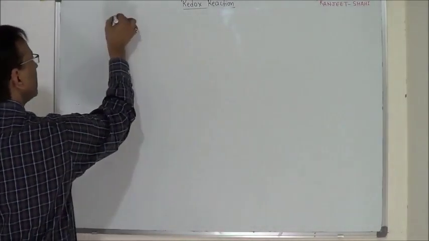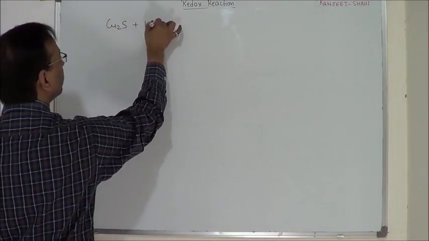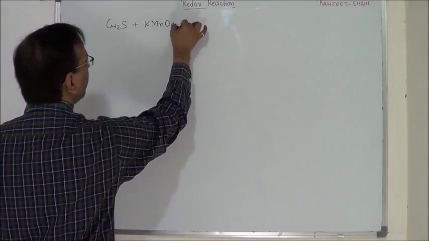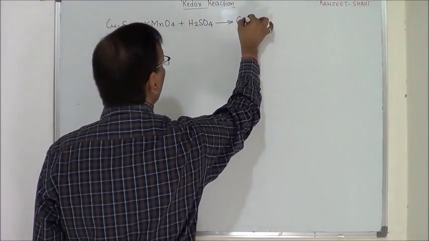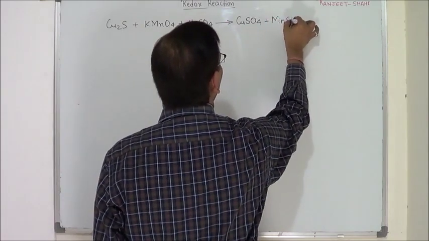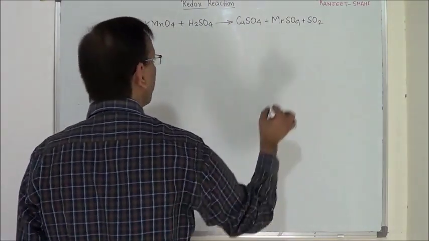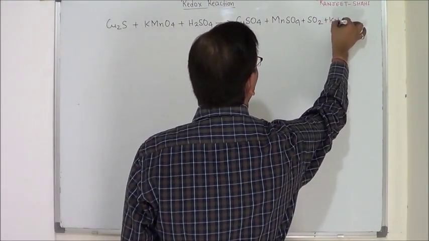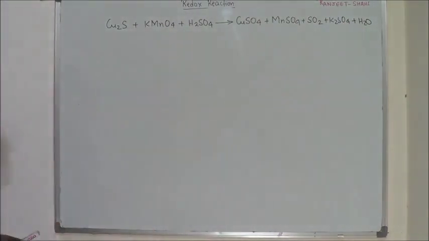Suppose we have a reaction: Cu2S plus KMnO4 plus H2SO4 giving CuSO4 plus MnSO4 plus SO2 plus K2SO4 plus water.